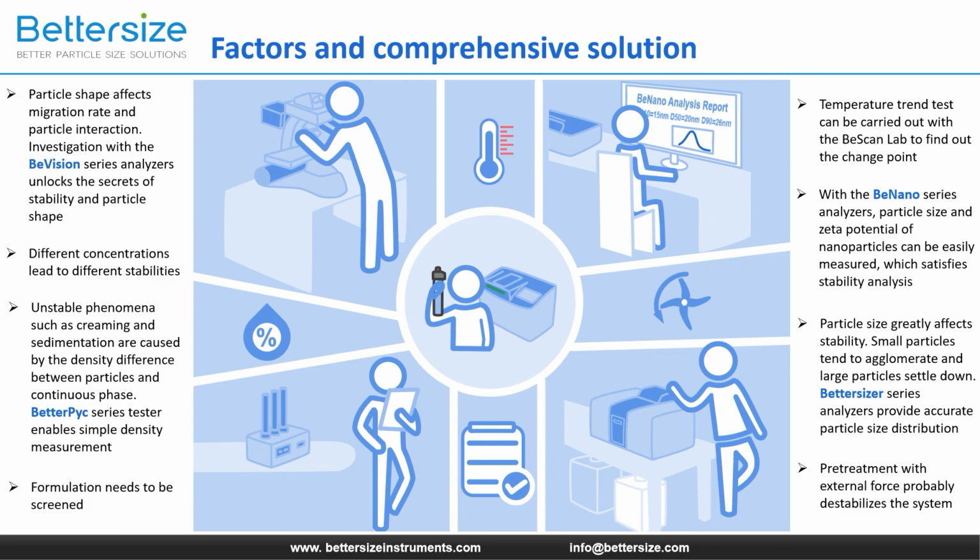For example, we can use the Bettersize analyzer to find out the relationship between the particle size and the stability. And we can also use the Binano and the Betterpick to investigate how the zeta potential and the density affect the stability. In general, Bettersize offers a comprehensive solution, not only the qualitative and the quantitative stability analysis, but also the ability to optimize your product.